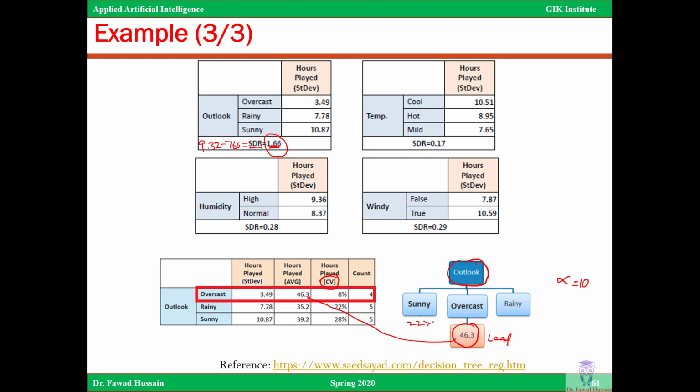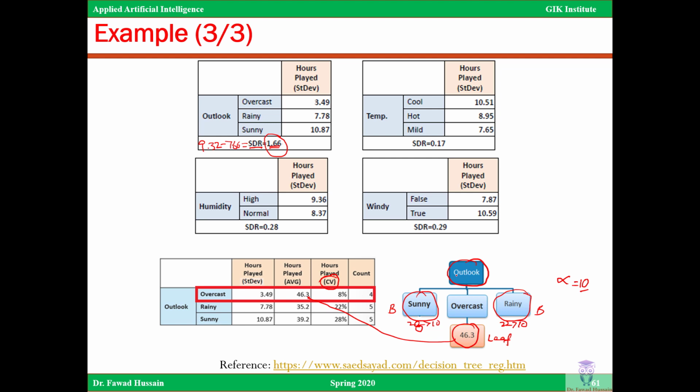Here, this is 28, and this is 22, which is greater than 10. So both these will expand as branching nodes.